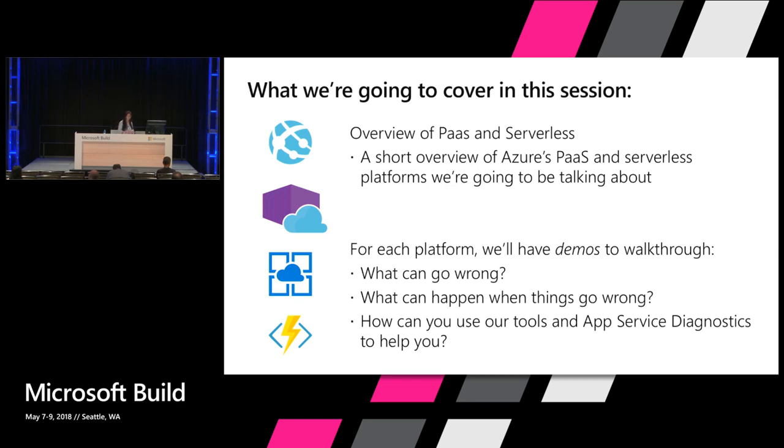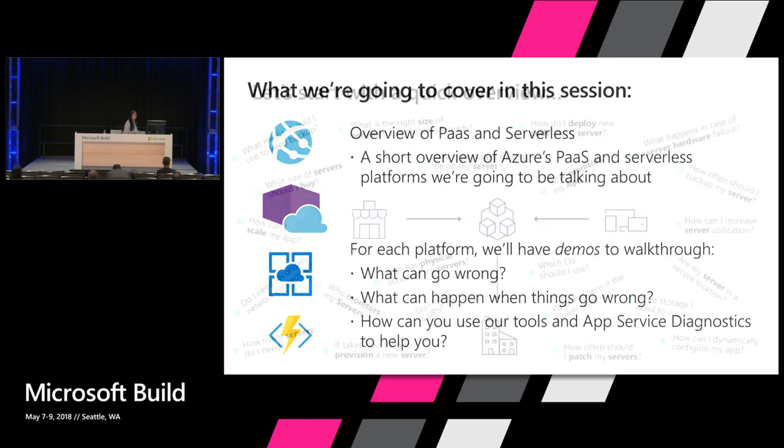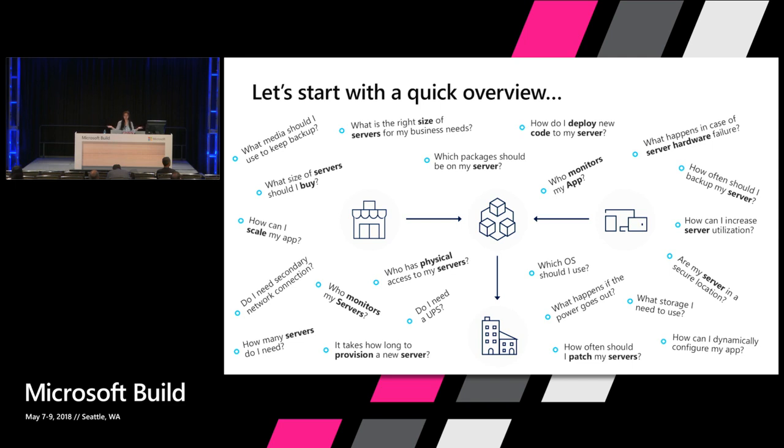Okay, cool. So first, we're going to start off with an overview of what the world looked like before PaaS and serverless. These are all the questions that you had to deal with when you're running things on-prem. You had to worry about your servers, maintaining the infrastructure and making sure everything is highly available. What size server should I buy?